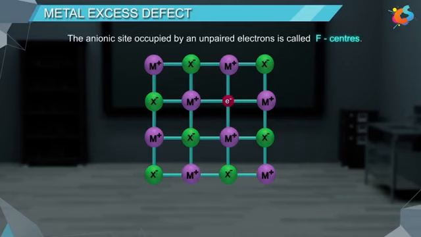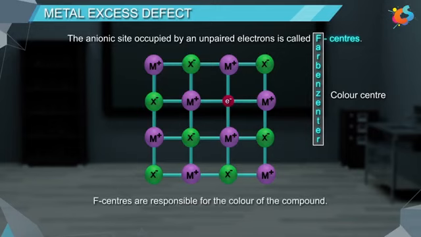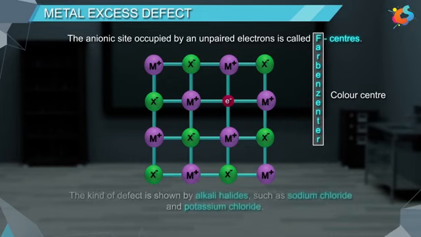The anionic site occupied by an unpaired electron is called an F center, where F stands for Farbenzentrum, which is a German word for color center. F centers are responsible for the color of the compound. This kind of defect is shown by alkali halides such as sodium chloride and potassium chloride.